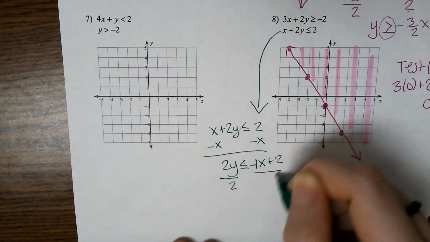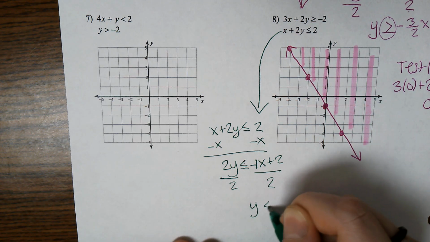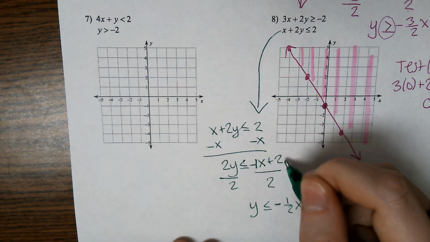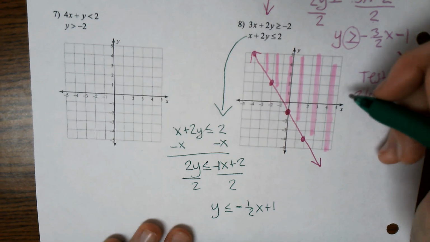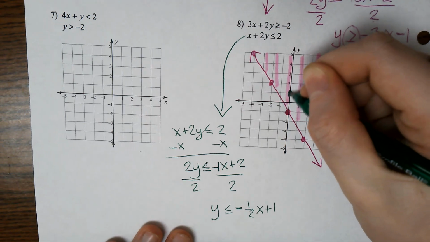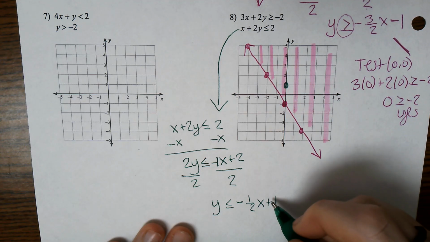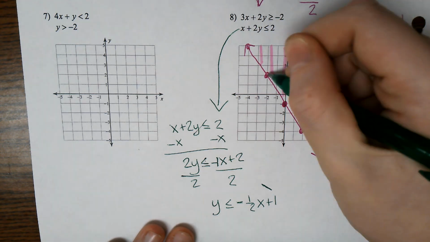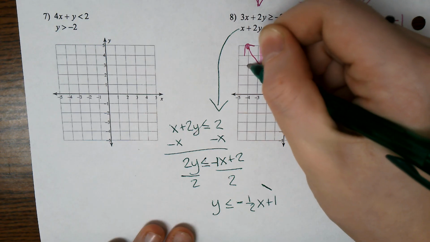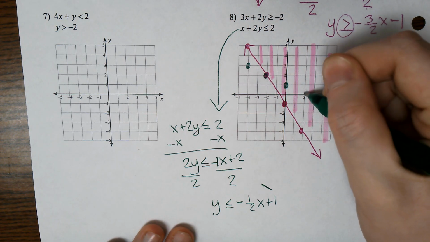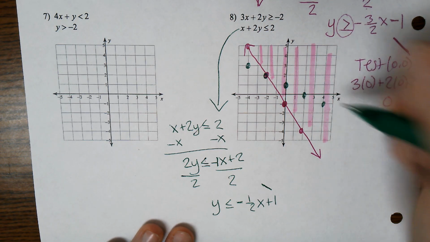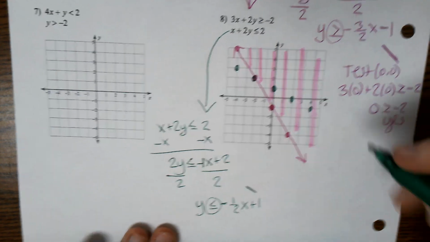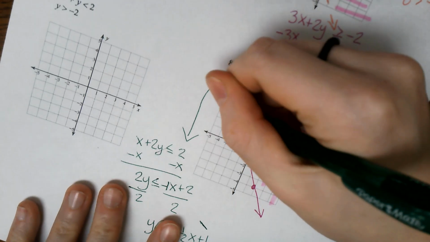Divide everything by 2, so I have y is less than or equal to negative 1/2 x plus 1, right? 2 divided by 2 is positive 1. Go up to a positive 1 y-intercept. This is a negative slope, so it should look like this. Up 1 over 2, up 1 over 2, down 1 over 2, down 1 over 2. Notice this is also less than or equal to, so it is a solid line.